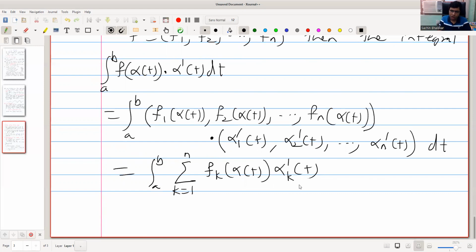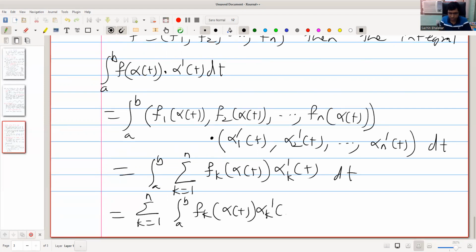Note that all alpha k dash of t are real numbers. Similarly, fk of alpha of t are also real numbers, so this is a product. Now this is a finite sum, so we can write this as a summation of integrals: sum k equal to 1 to n of the integral from a to b of fk of alpha of t multiplied by alpha k dash of t. So we take the integral of all these terms and take the summation.